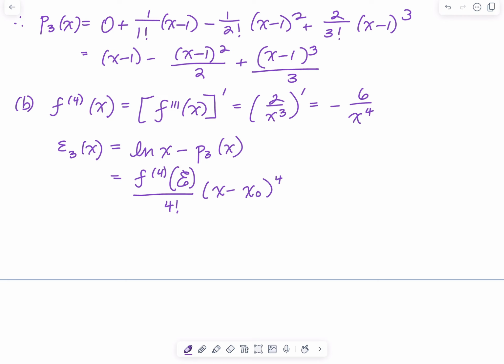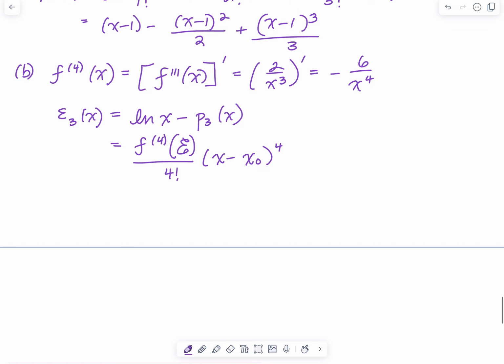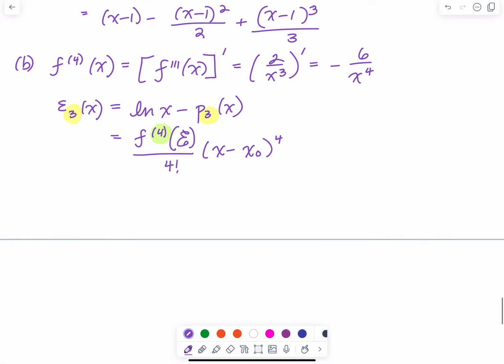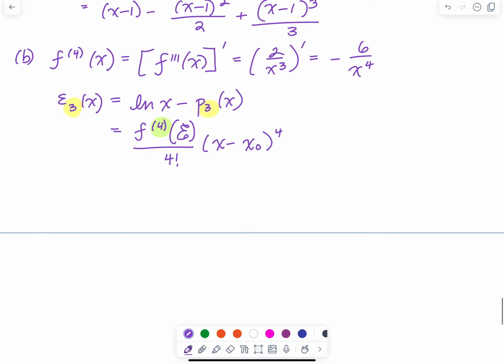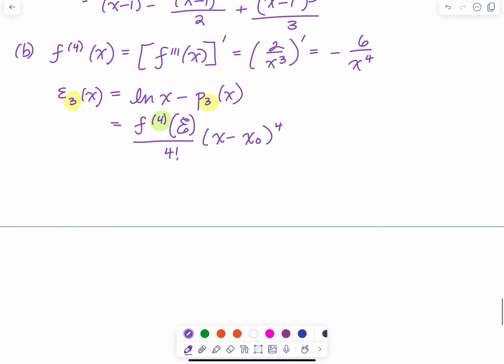So it's really important that we see that the error that we made using a third degree polynomial uses the fourth derivative to find this error, okay? So let's keep going. So now we have that this is equal to, and let's put that fourth derivative in there.